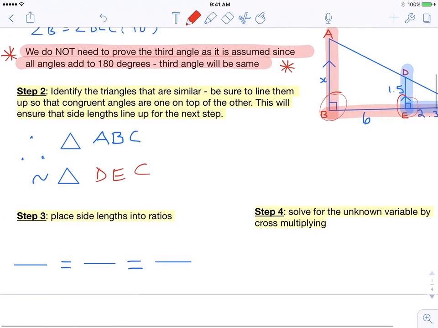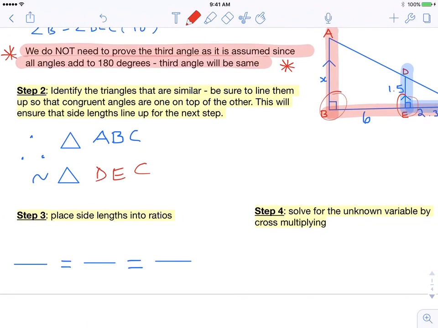Now step three says place side lengths into ratios. So now we're going to do what we've done in the previous lesson. AB is in relation to DE, and then, as I showed you last lesson, we'll have BC over EC, and then of course you do the first and the last, which would be AC over DC.